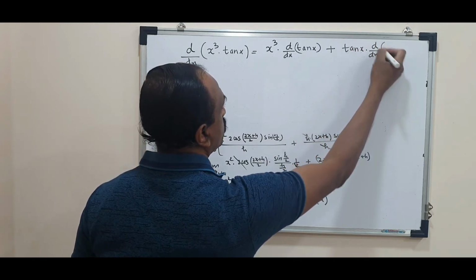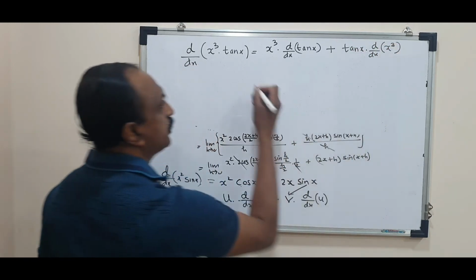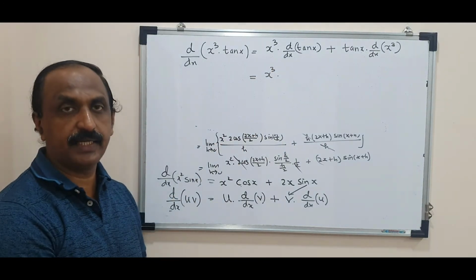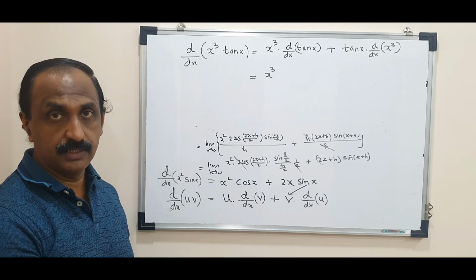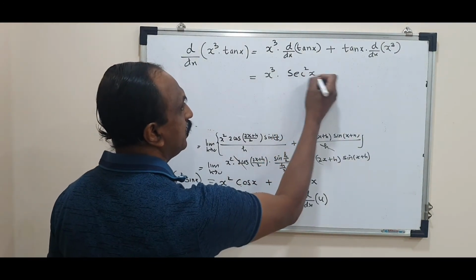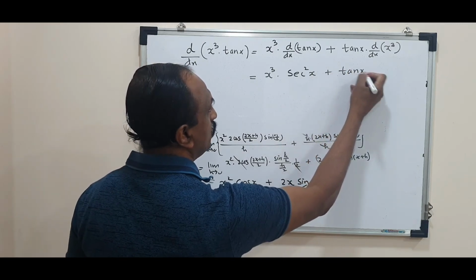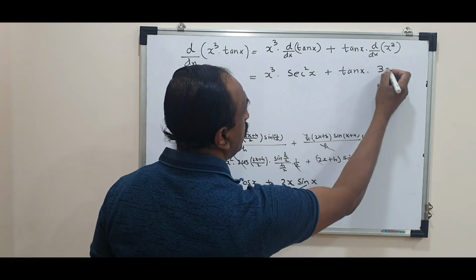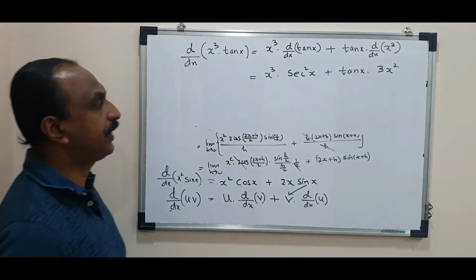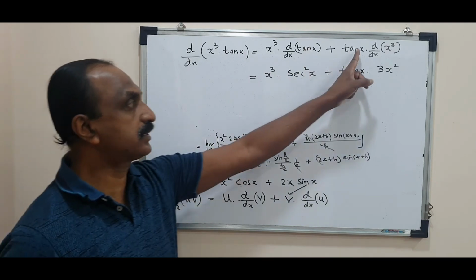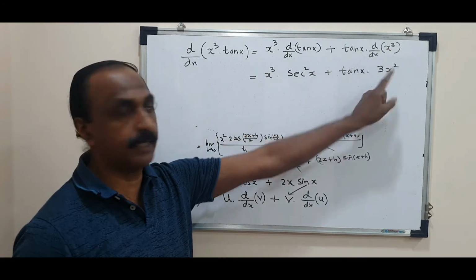Derivative of x cube. So my answer would be x cube into, what is the derivative of tan x? Tan x's derivative is sec square x. So sec square x plus tan x into, now derivative of x cube, start with the power, 3x square. So we can write the answer as x cube into derivative of tan x, which became sec square x, plus tan x into derivative of x cube, which became 3x square.